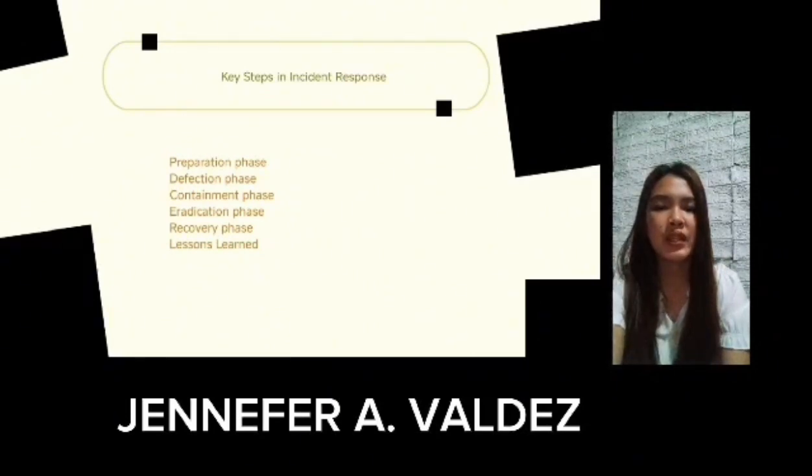Eradication phase. In the eradication phase, organizations identify and eliminate the root cause of the security incidents to prevent recurrence. This may involve conducting a thorough investigation to identify vulnerabilities or weaknesses exploited by the attacker.